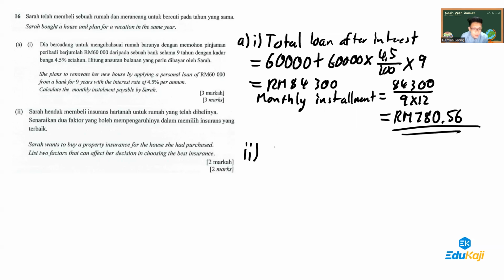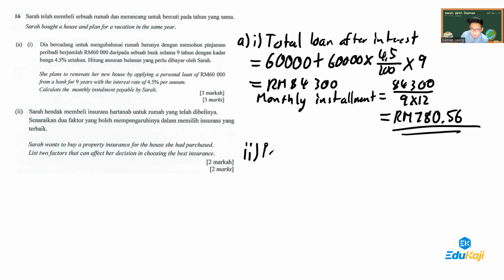And the second one, Sarah wants to buy a property insurance for the house she had purchased. What are two factors that can affect her decision in choosing the best insurance? For the best insurance, there are quite a few things to see.